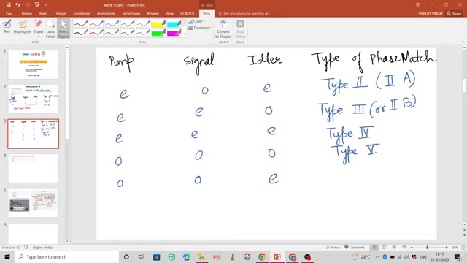So this EOO type of phase matching is considered as type 6, or 2B. It is the same, 2B. See, it is OEE, it is EOO. So depending upon the crystal, whether it is positive or negative, these two can get exchanged.